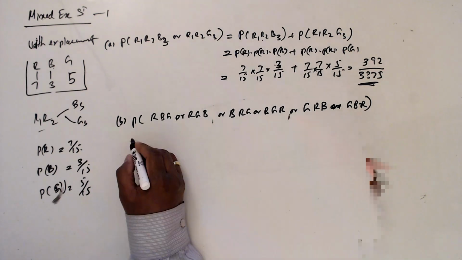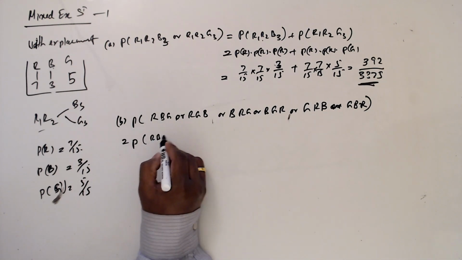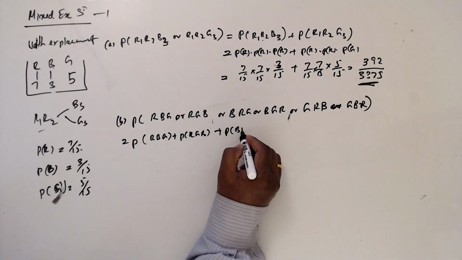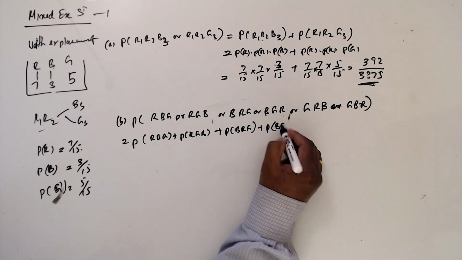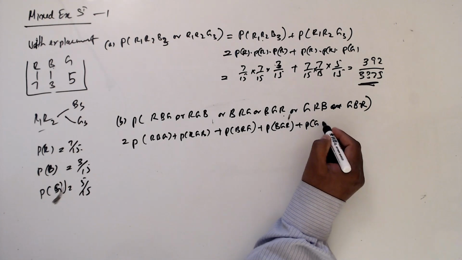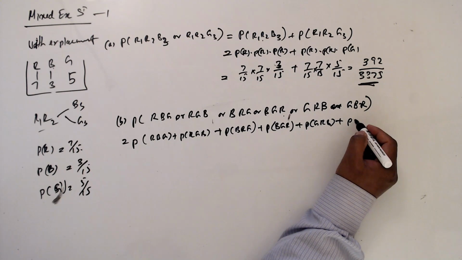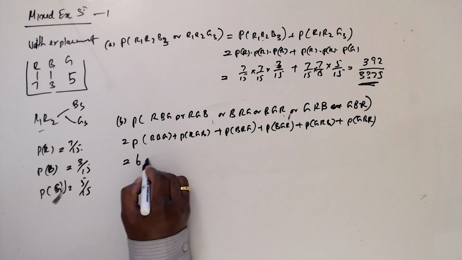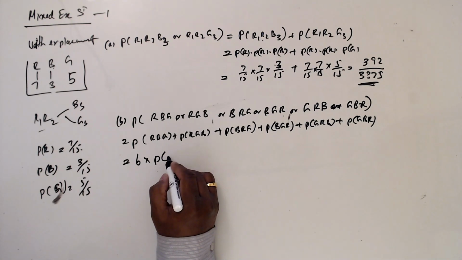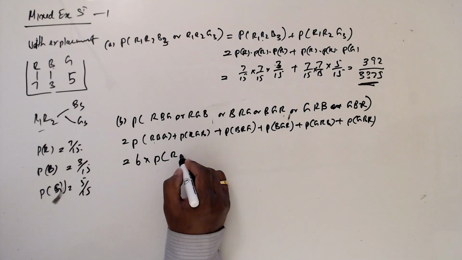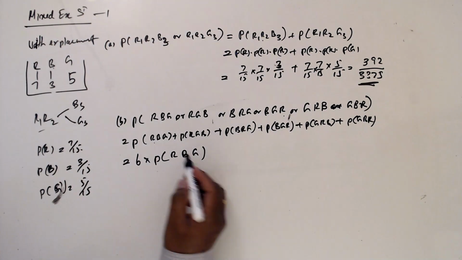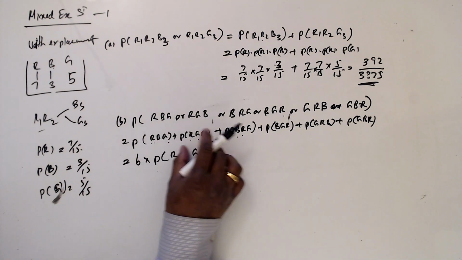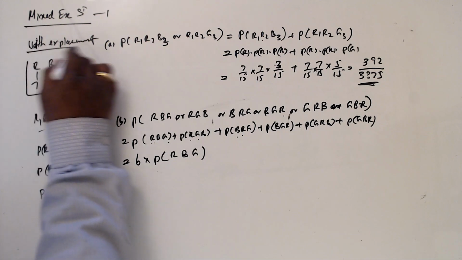This is equal to probability of RBG plus RGB plus BRG plus BGR plus GRB plus GBR, equal to 6 times probability of RBG, because all of them are multiplications, so they are the same probability, because this is with replacement.